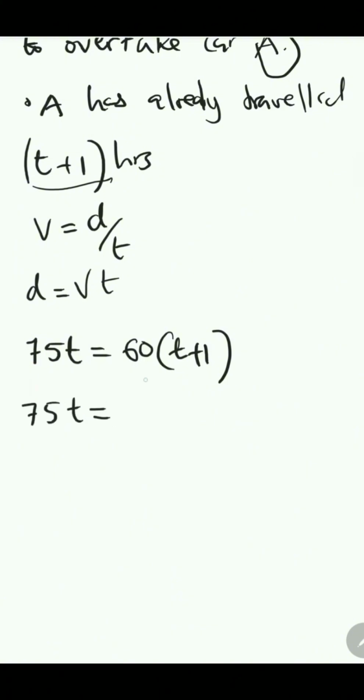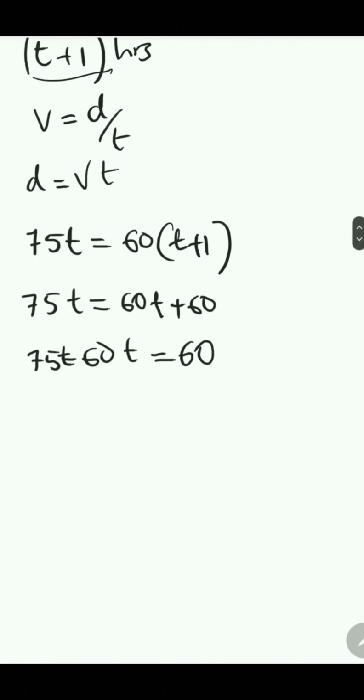On the right we multiply everything inside by 60. Then 60t goes to the other side, giving 75t minus 60t equals 60. So 75t minus 60t gives us 15t, which is equal to 60.